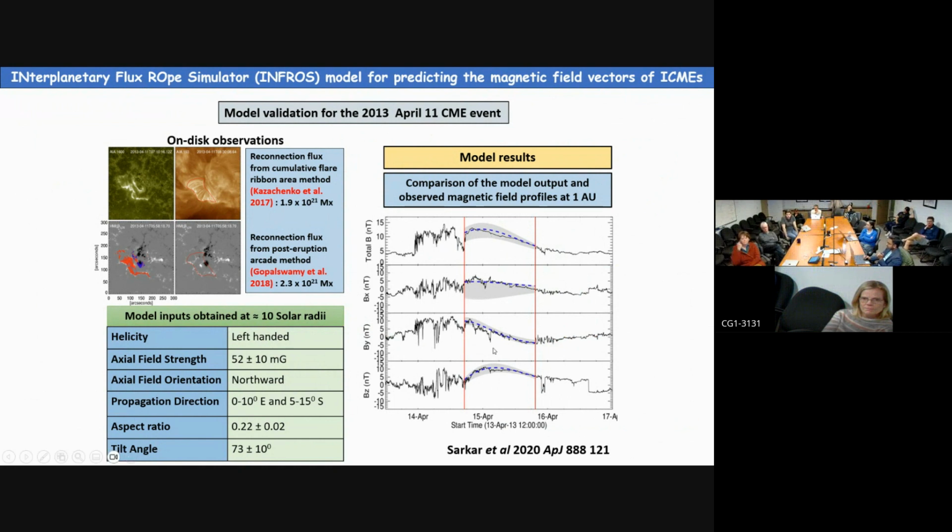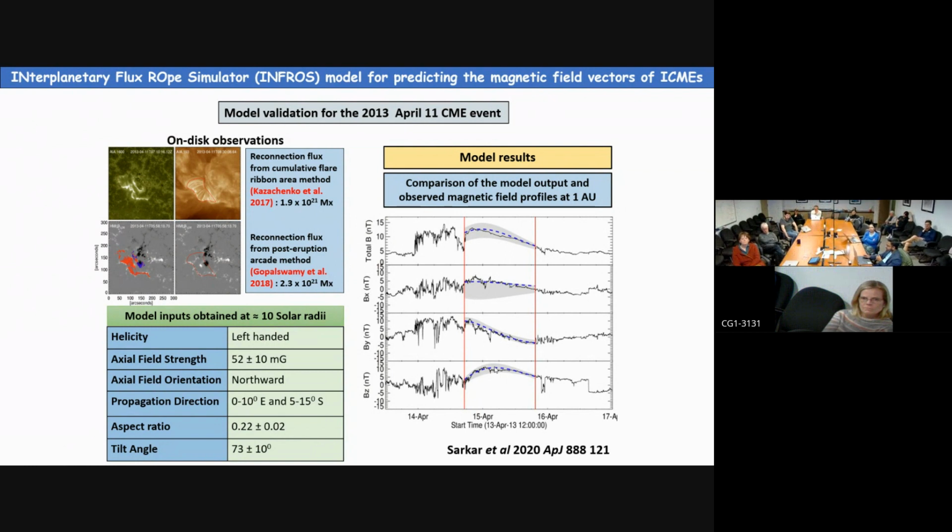The different magnetic field components are shown here with the black solid lines, and the ensemble model results are shown by the gray shaded regions. You see there is a decent match with all the different magnetic components at 1 AU.